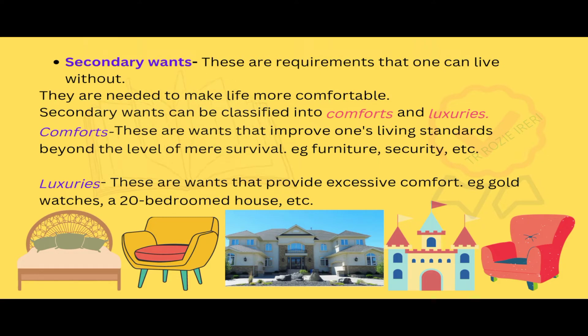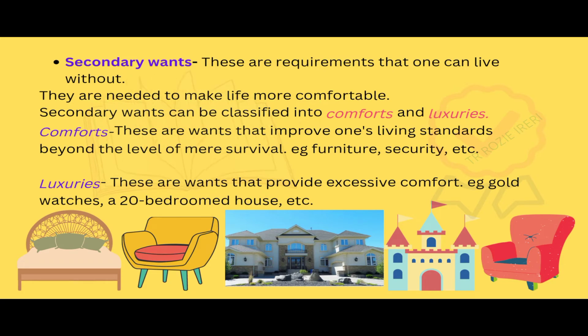Secondary wants, on the other side, are requirements one can live without, therefore they are just for comfort. That's why you have two classes, the comforts and luxuries. Comforts improve one's standard of living beyond mere survival. For instance, furniture like a bed, sofa sets, security, education. Luxuries are ones that provide excessive comfort, like gold watches, a 20-bedroom house.